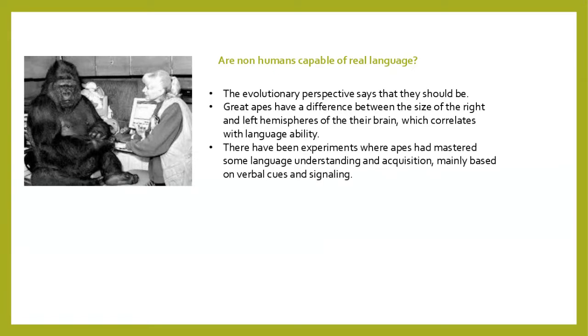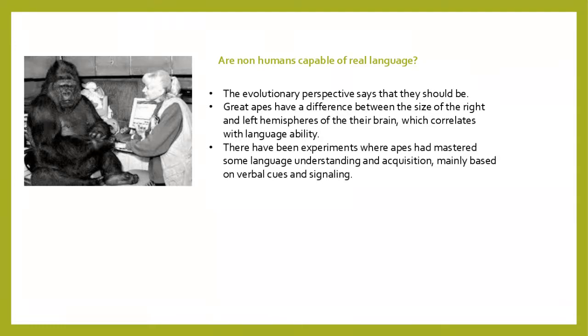They communicate in different ways, through sound, through movement. A lot of the research has been done on the great apes, being the most representative of Homo sapiens, and they also have different sizes between the right and left hemispheres of their brain, which correlates the same as us to language ability.